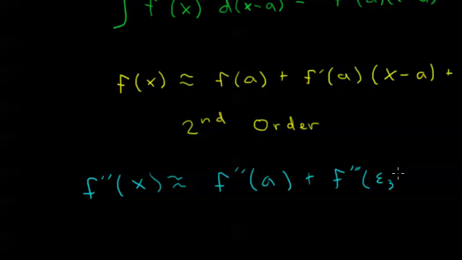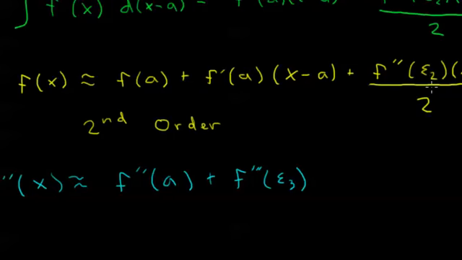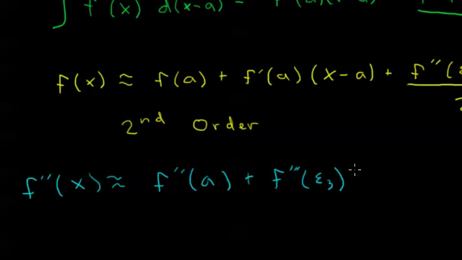This is just one other point, since the average third derivative doesn't occur necessarily at the same point as the second or first derivatives. So just at some point, it doesn't matter what it is, but I'm labeling it differently to emphasize that it is not necessarily the same as this other one. But anyway, this times x minus a.